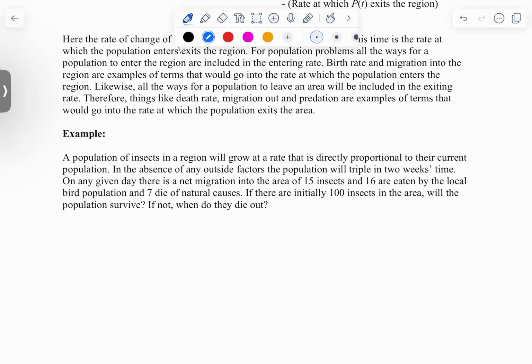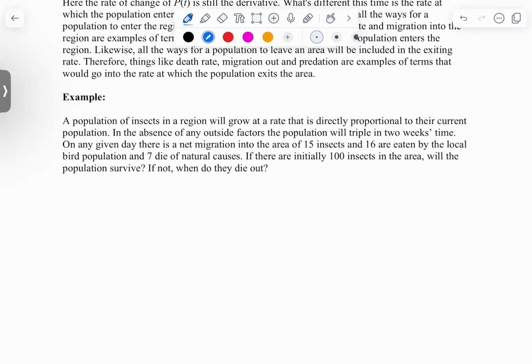Let's start with the very first part. Population of insects in the region will grow at a rate directly proportional to their current population. So P is our population, and we could identify that as P of T as well. But directly proportional, do you remember proportionality? How do we deal with that?